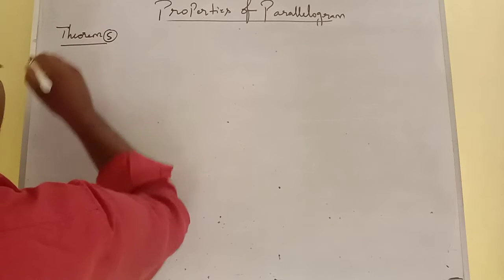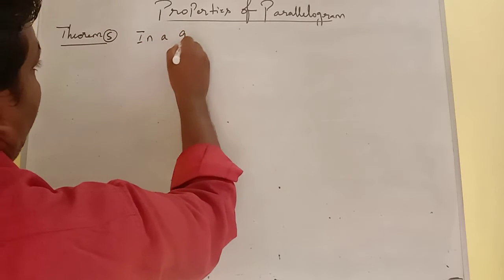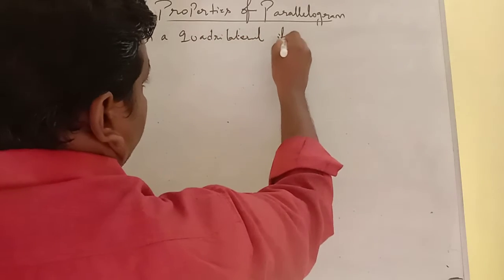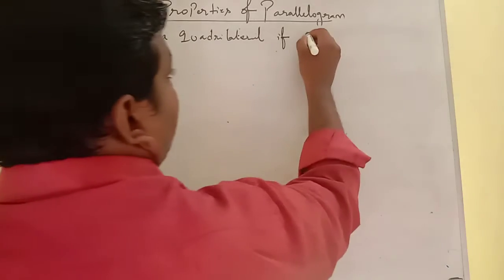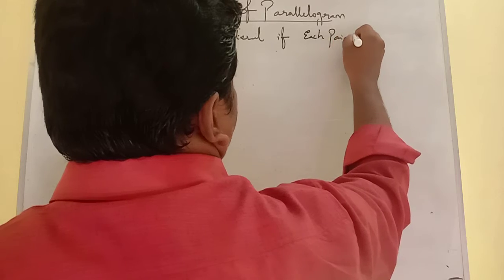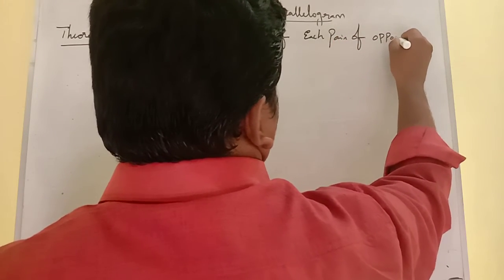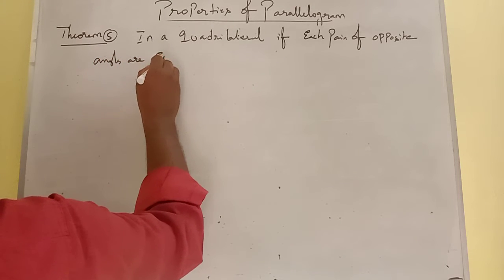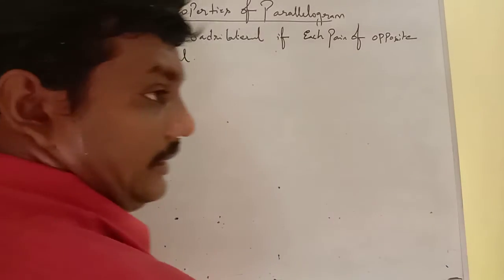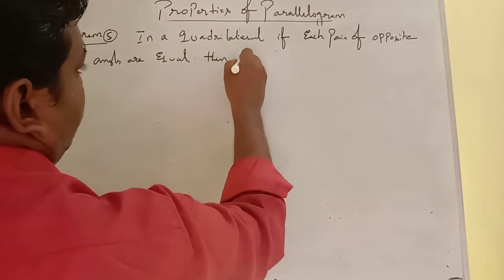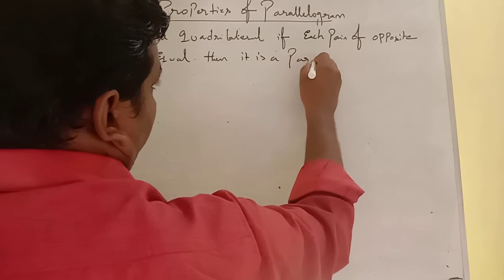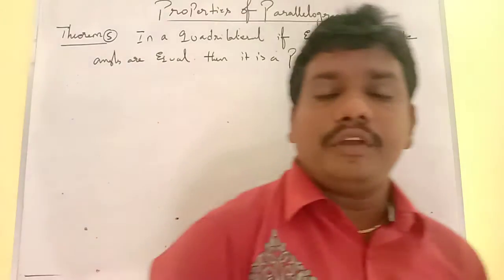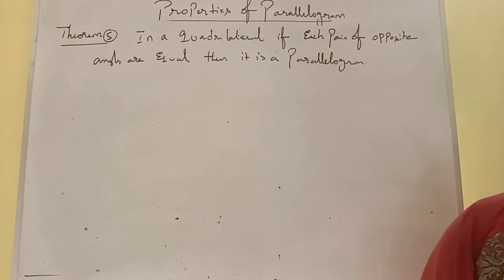Theorem 5 is nothing but: in a quadrilateral, if each pair of opposite angles is equal, then it is a parallelogram.